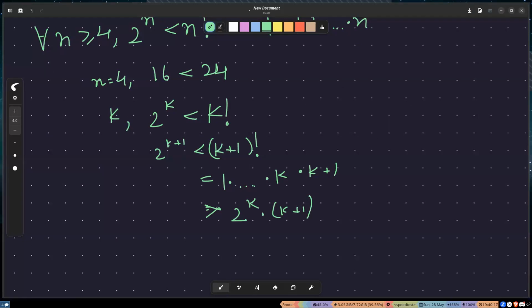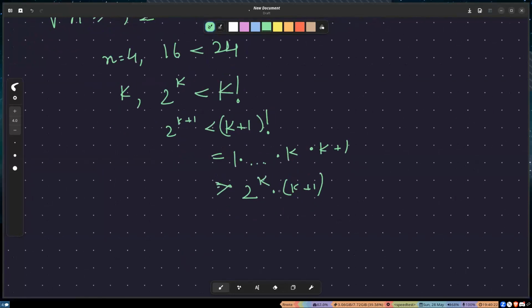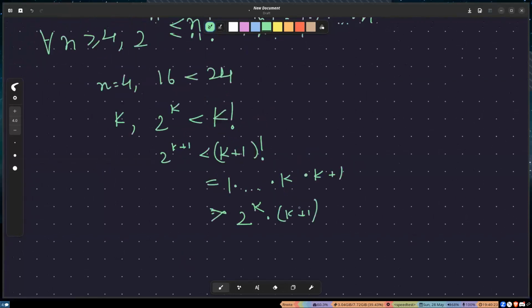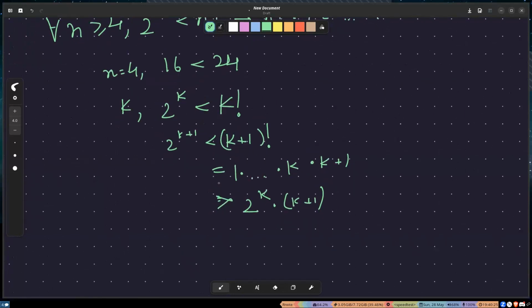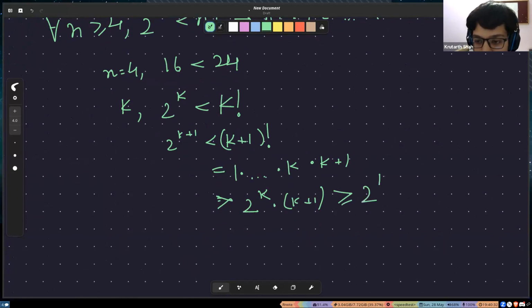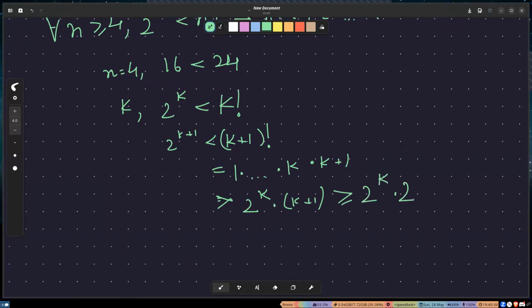But we already know that k is not less than 4, so it has to be greater than or equal to 4, which means we can substitute for k to be 1. So basically you're just saying k is greater than or equal to 1. So I can just write 2 raised to the power k times 2, 1 plus 2.